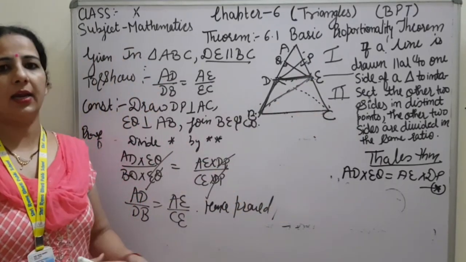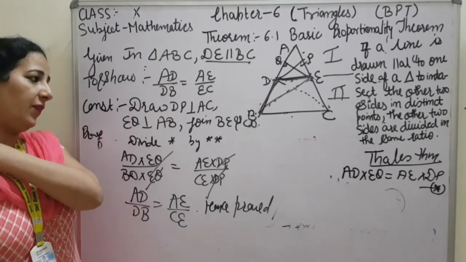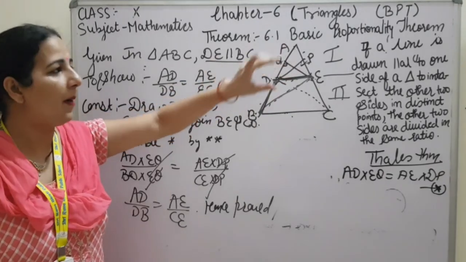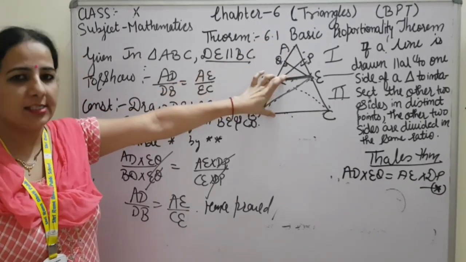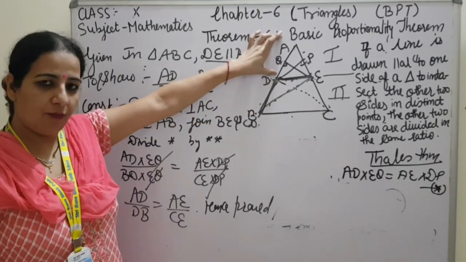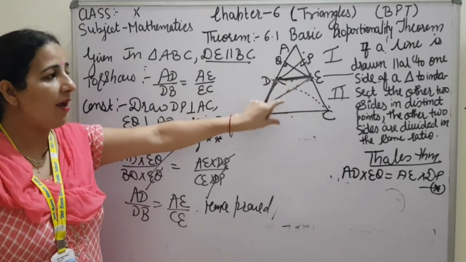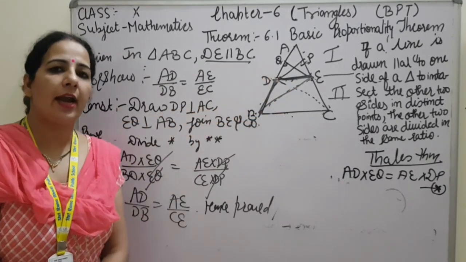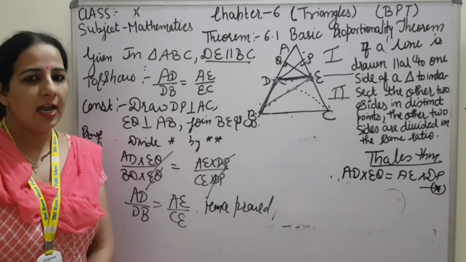Like if in a triangle, this you have to write in the case of theorems. So what have we done in this question? We have divided the solution into two parts, the first part and the second part. We have to apply the area formula here, half into base into height. We have used one special criterion in this portion, that two triangles on the same base and between the same parallels are equal in area.